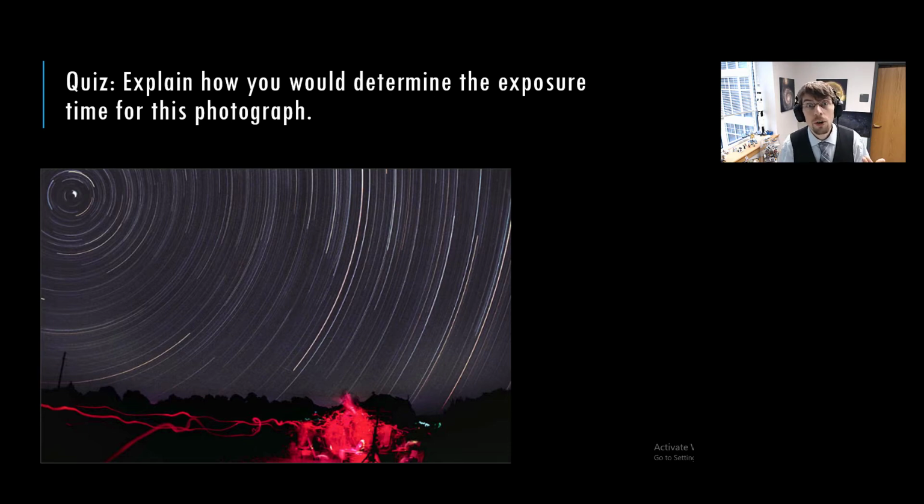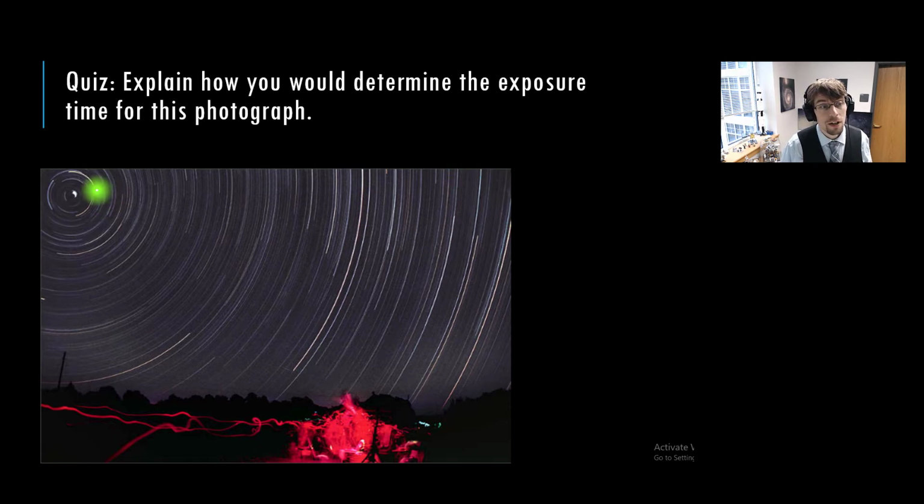So if we know, well, let's go this way. If the exposure were a full 24-hour period, what would the shape of those star trails be? Good, a full circle, right?